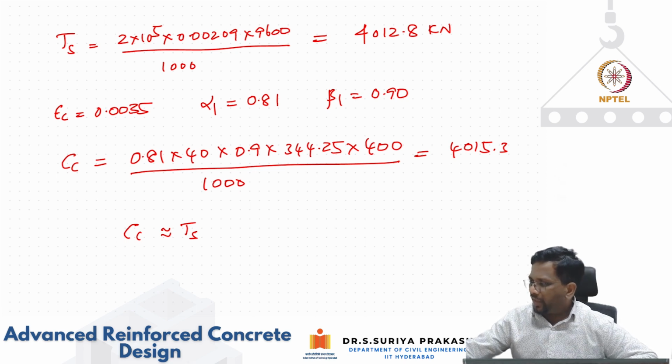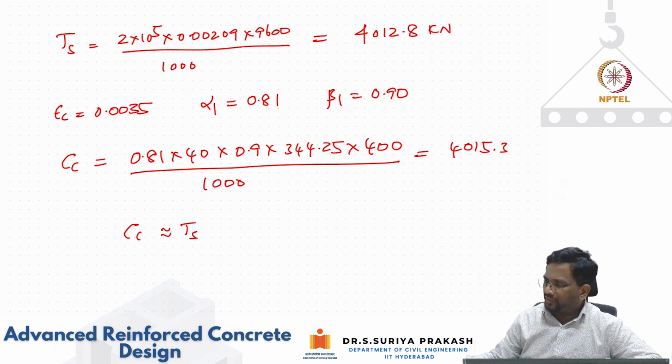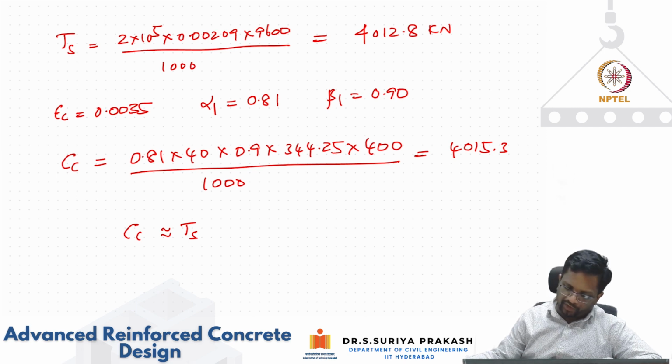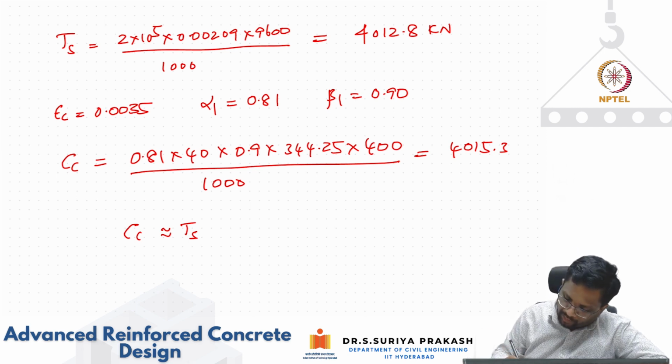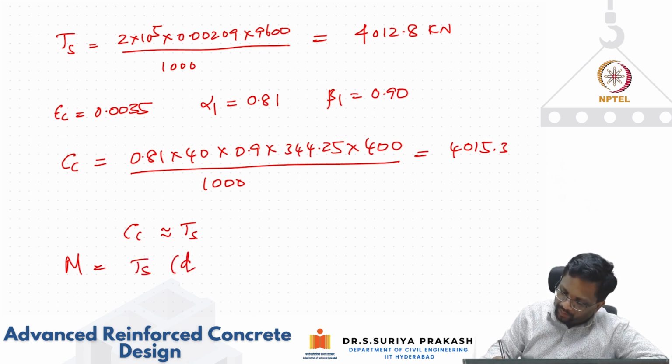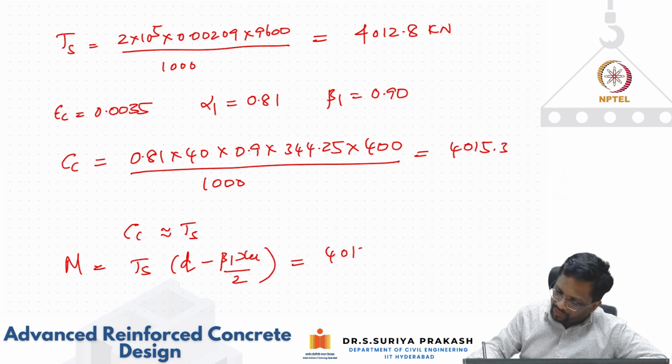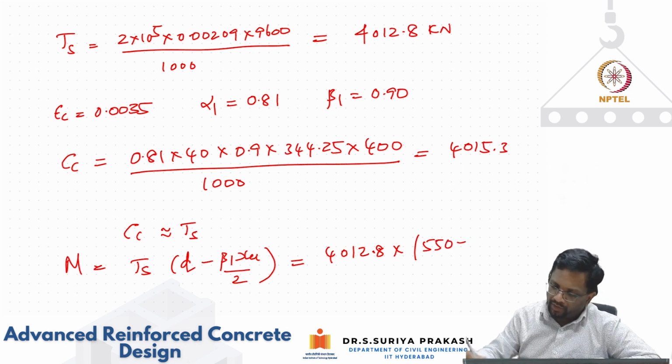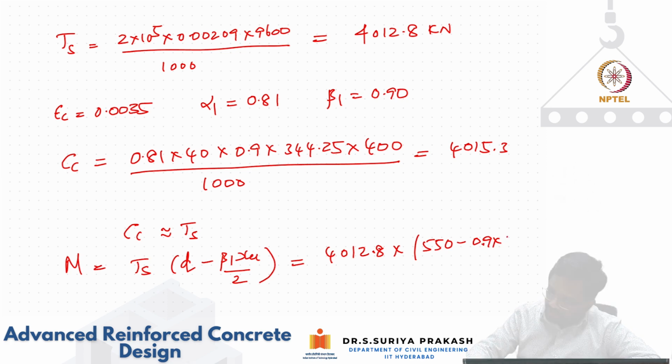So equilibrium condition is satisfied. Then I can go back and calculate my moment resistance, right? So now how do we get your moment resistance? Moment resistance is again basically Ts multiplied by D minus beta 1 XU by 2. Okay. Now what is Ts? It is basically 4012.8 multiplied by D, which is 550, minus beta 1, which is 0.9, times XU. What is XU that we got? 344.25, divided by 2.